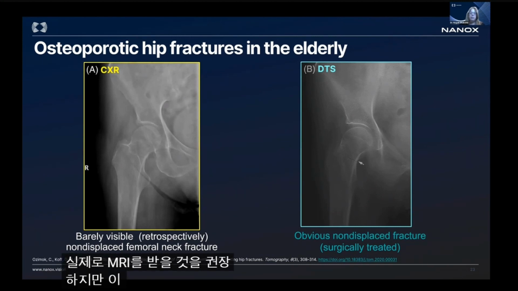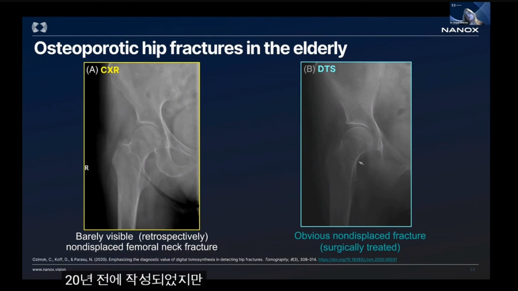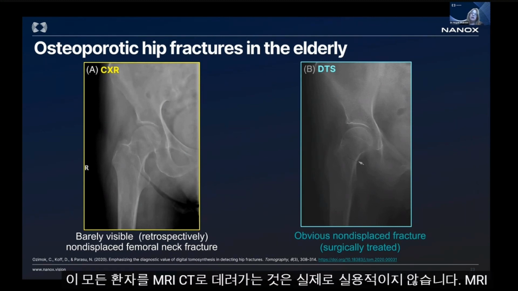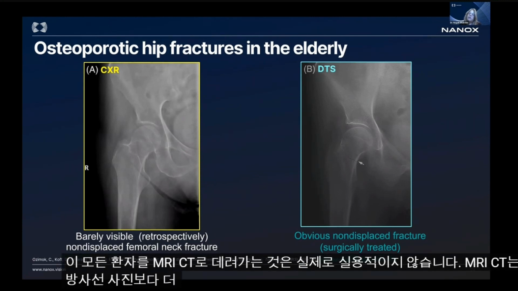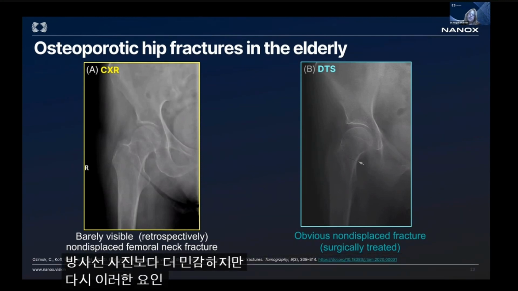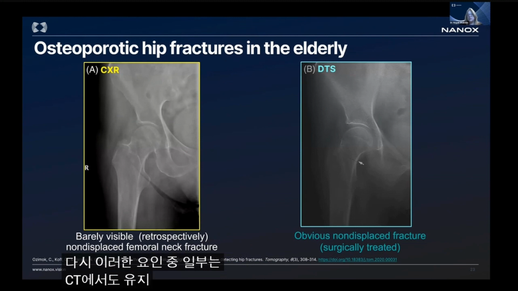However, although these papers were written 20 years ago, it's really not practical to just take all of these patients to the MRI. CT is more sensitive than the radiographs, but again, some of these fractures can be occult on CT as well.